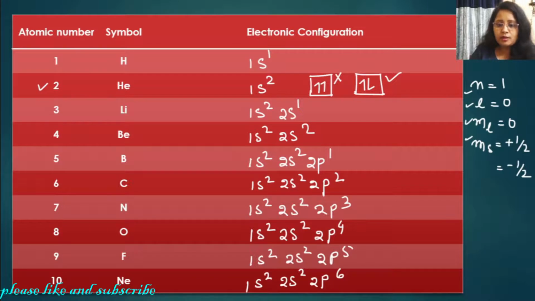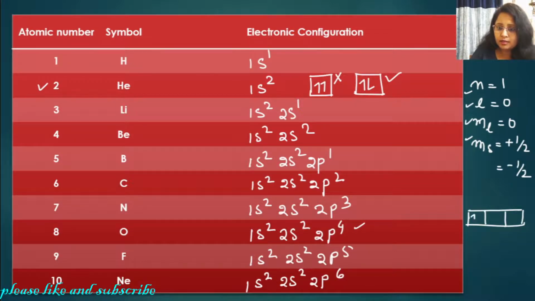One more thing I am going to tell you here is Hund's rule of maximum multiplicity. In this case the p subshell has 3 orbitals. So if we have 4 electrons in p, how will it fill up?